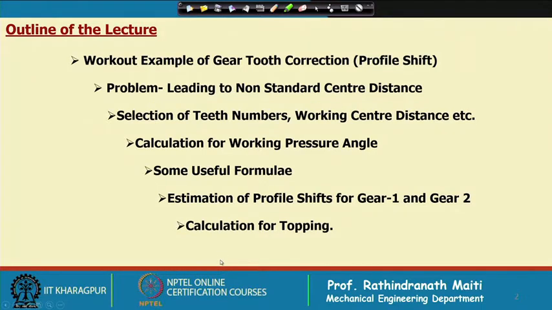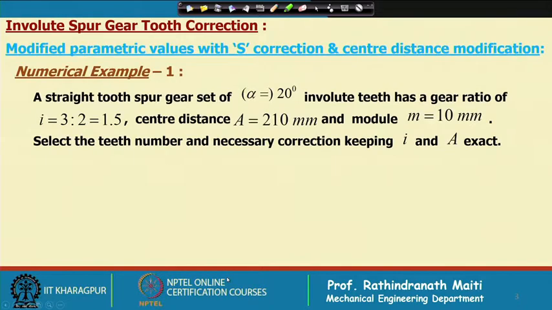Through this problem we will learn how gear correction can be made for practical purposes.